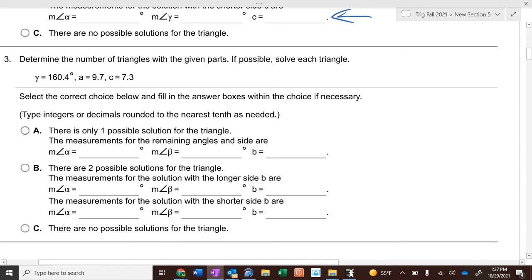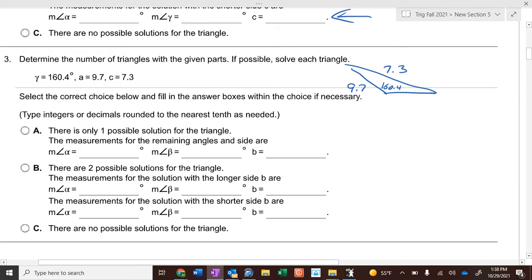This one, just to show you that we're at 160.4 right off the bat. So 160.4 is here. 9.7 is next to it, and 7.3 is here.